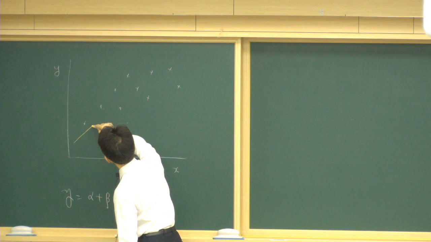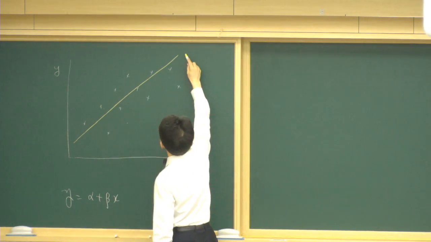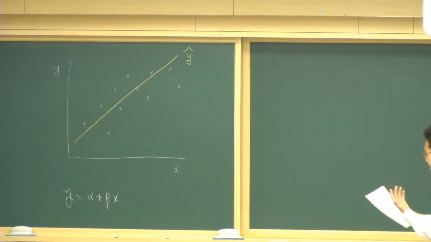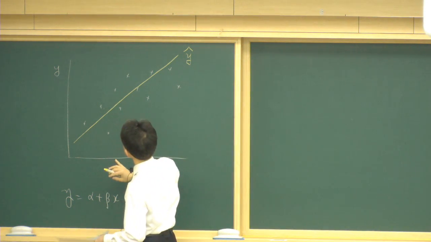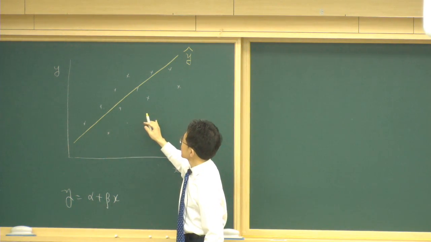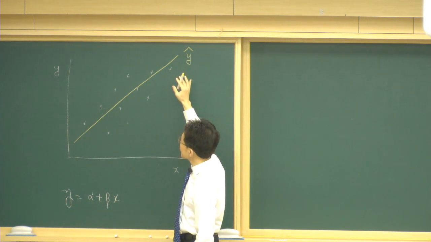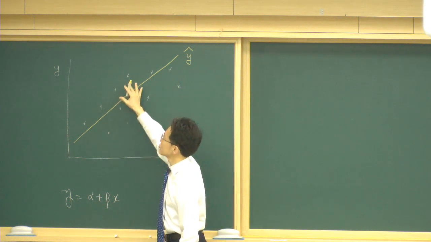So let's say, okay, I want to have this. So this is my estimate. Let's say y hat. Y hat is my estimate, and this is the true values. So as you can see, the estimation is not always the same as the actual relationship.